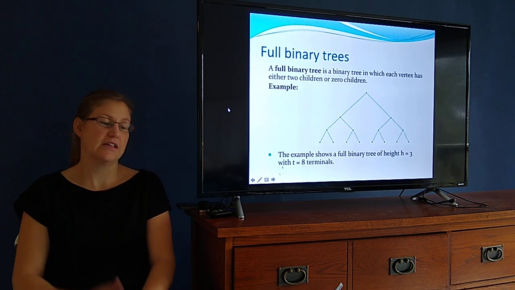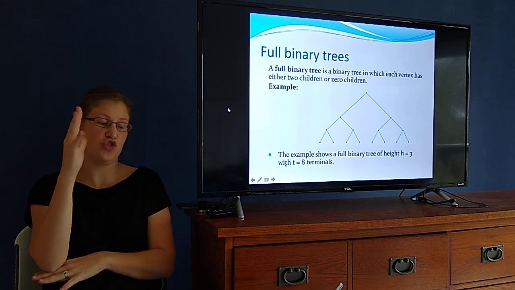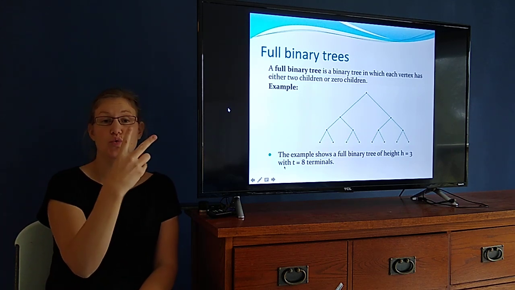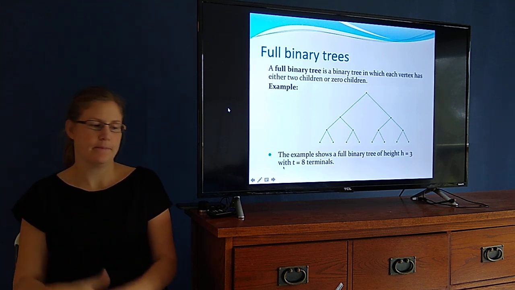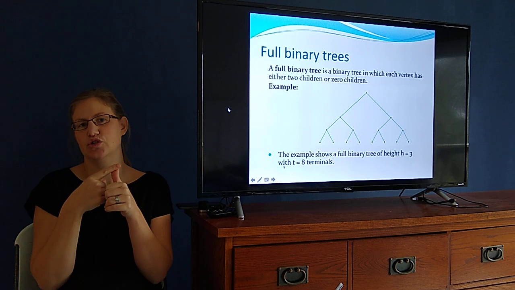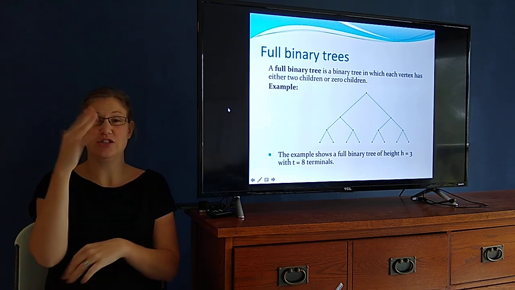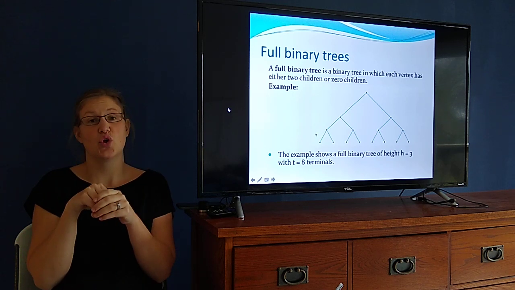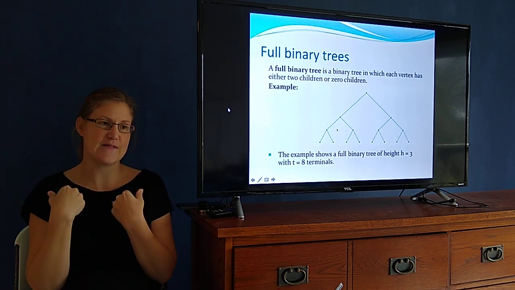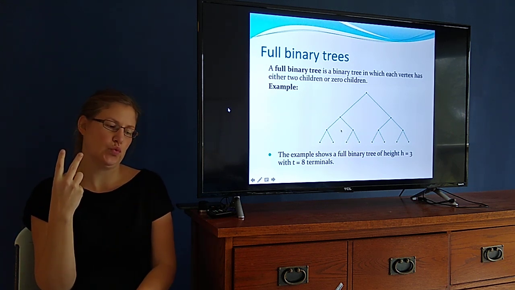Next, full binary tree. A full binary tree is a binary tree in which each vertex has either 2 children or 0 children. We have learned in the first 2 sections of this chapter that in a full binary tree, each internal node has only 2 children.